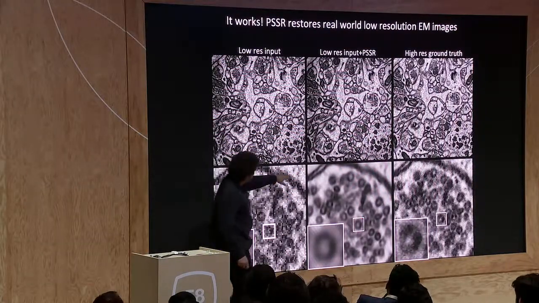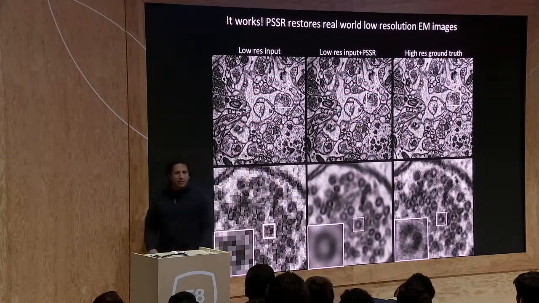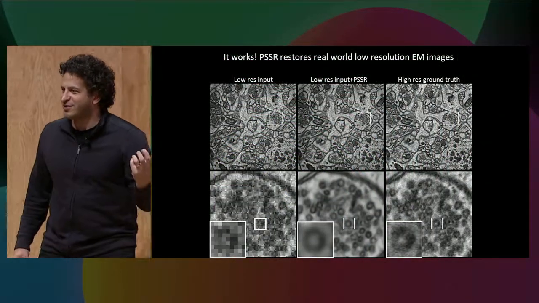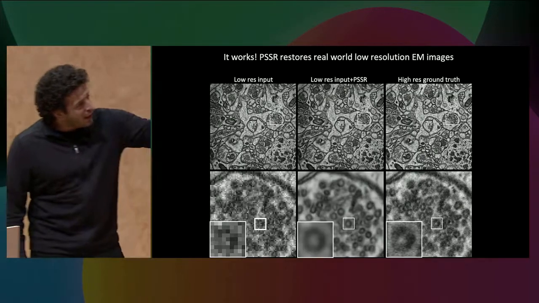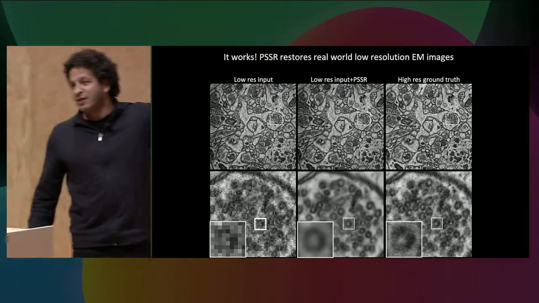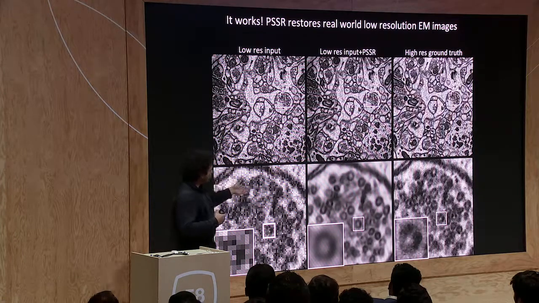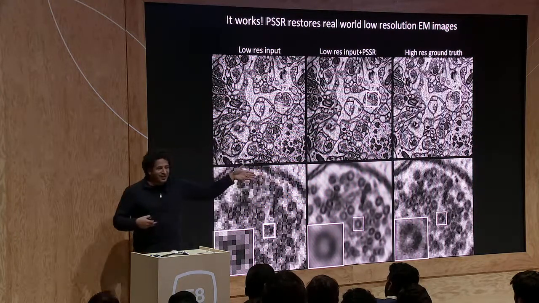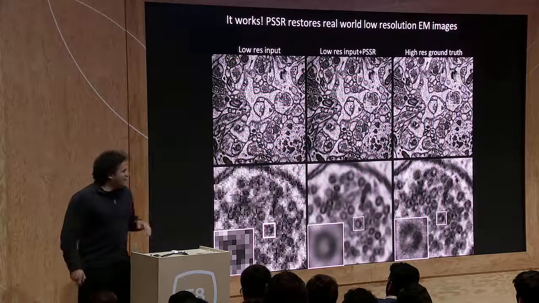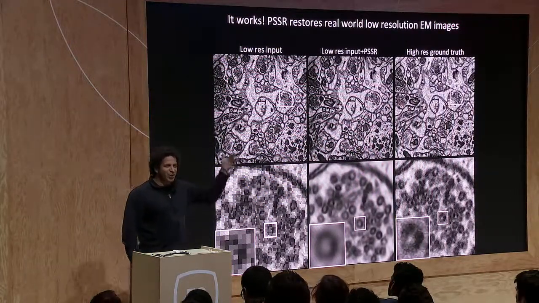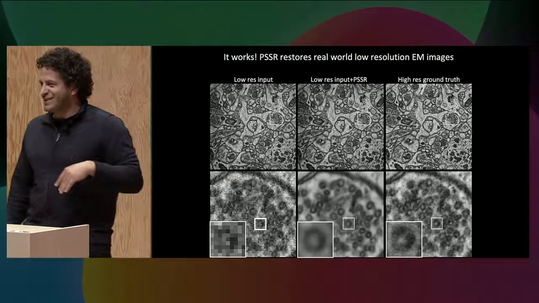In the middle, we have the output of our deep learning model, and now we can clearly see the vesicles and we can quantify them. On the right is a high resolution image. That's our ground truth. In my opinion, the model actually produces better looking data than the ground truth. There are a couple of reasons for that, which I'm not going to go into, but one reason is that our training data was acquired on a better microscope than our testing data.